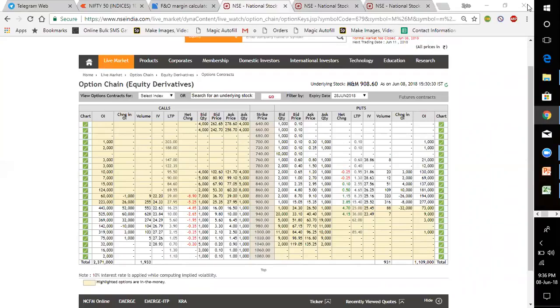Yeah, Ganesh, what is your question? Bajaj Finance, was it intraday? It was positional also. It was intraday and positional, but more of an intraday trade.